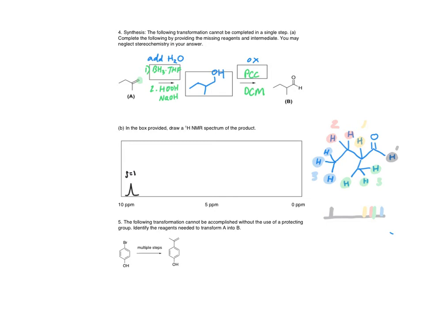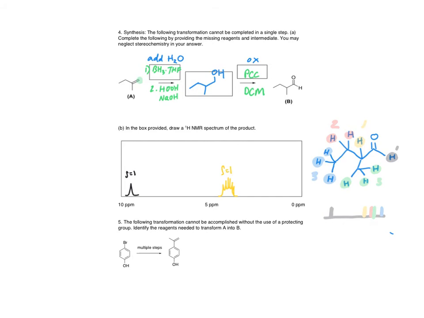So let's put that around 4 ppm. So we're putting down a heptet with an integration of 1.